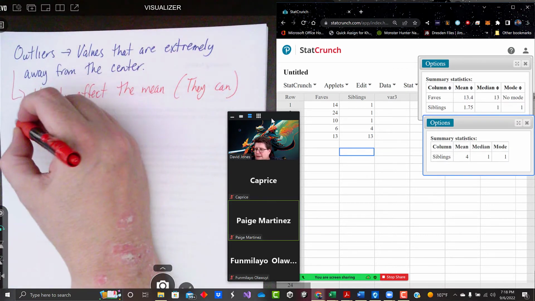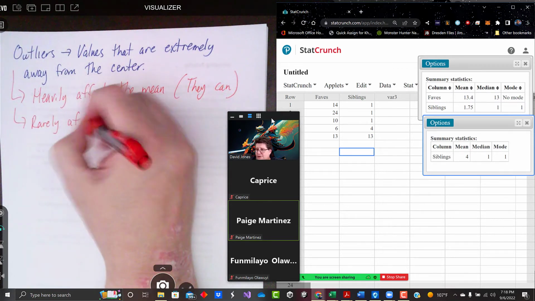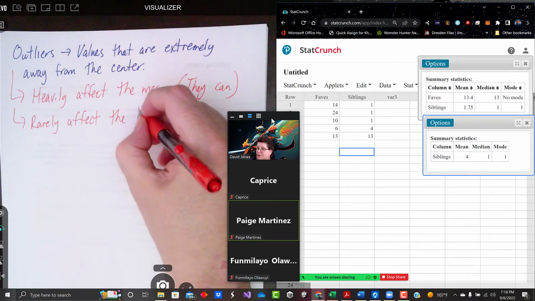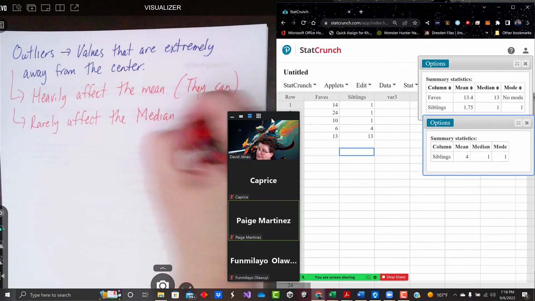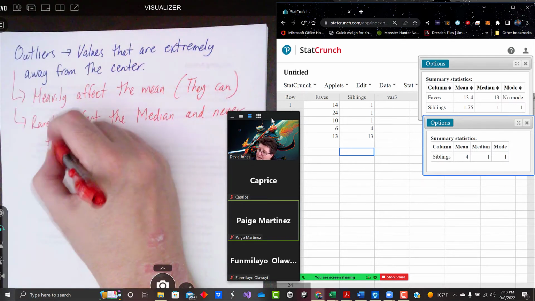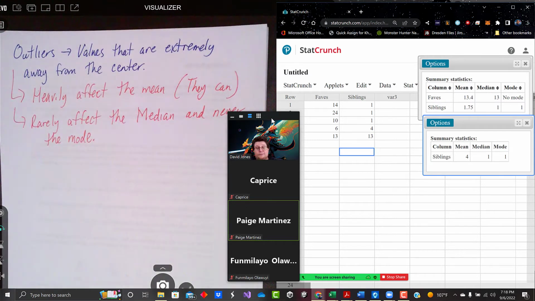But they rarely affect the median or mode. They rarely affect the median and never the mode. And the effect on the median is negligible.